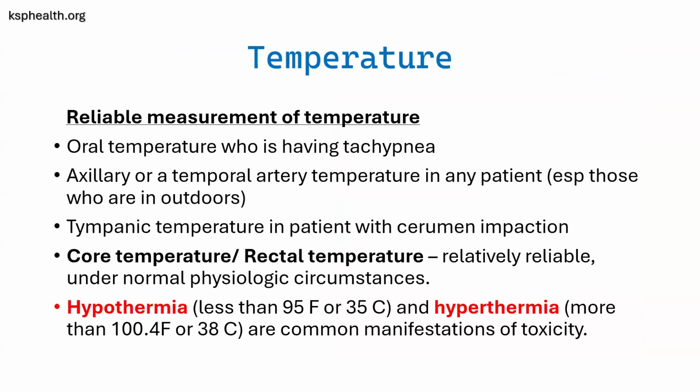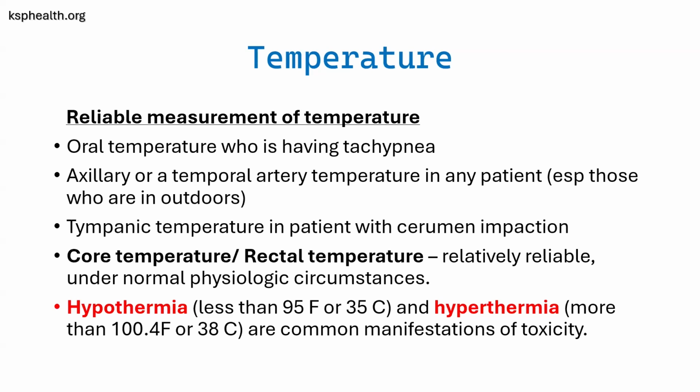Then, finally, among vitals, temperature. When you check the temperature, just make sure the temperature recorded is a reliable one. For example, if the patient is tachypneic, checking oral temperatures may not be accurate. And also, in those exposed outdoors, axillary or temporal artery temperature may be misleading.